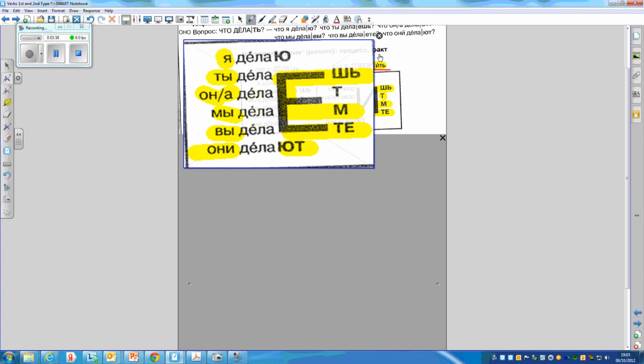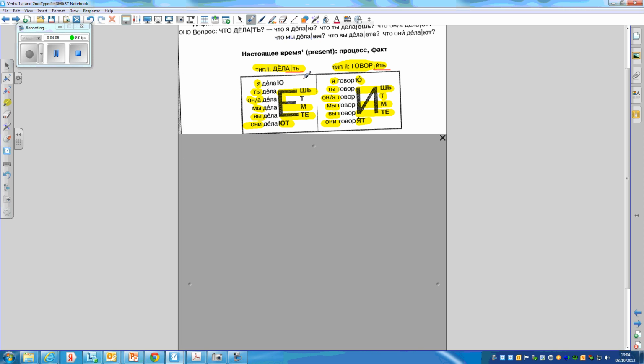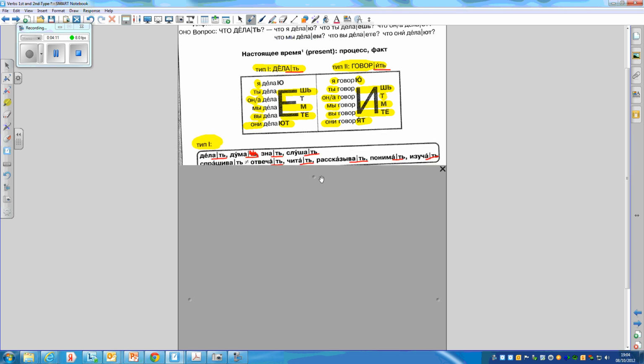Okay, let's try to conjugate a verb by ourselves. We see the model up here. We know how to change the ending according to the pronouns that are up here. And let's take a verb. Define if this verb is in the first conjugation, the first type of verbs, and then we can conjugate it.